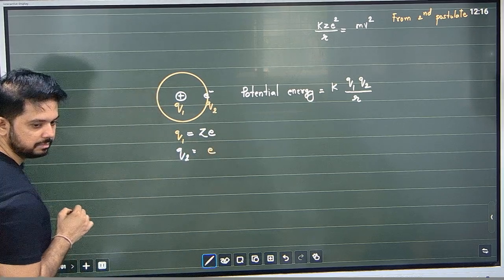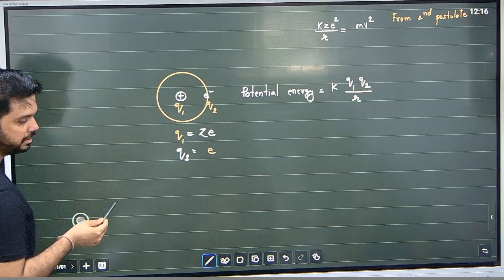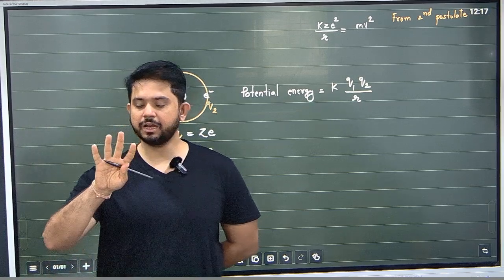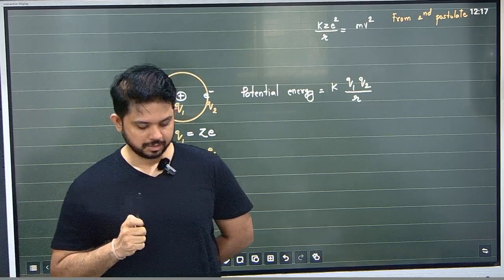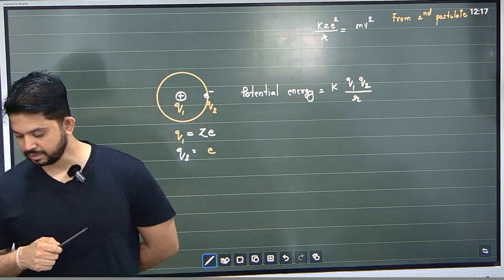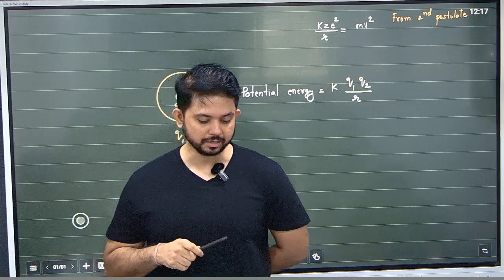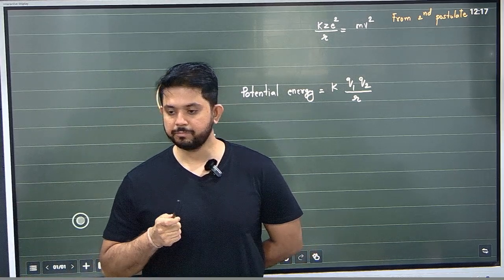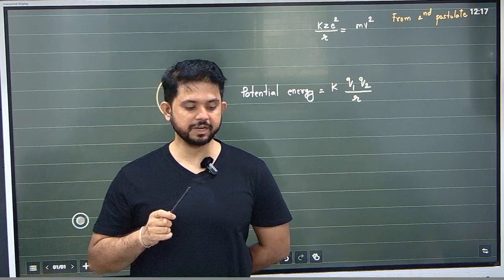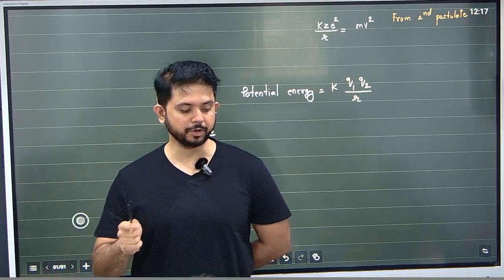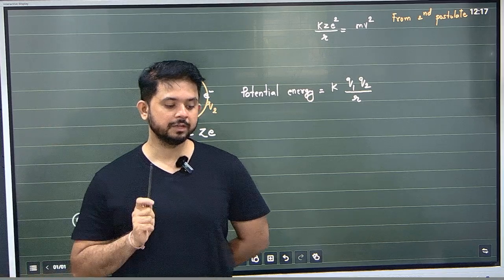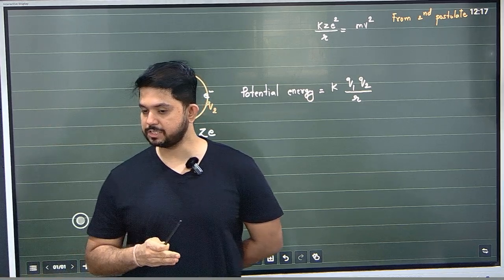E. Yes or no? But if you remember, when we did the same potential energy expression, if you go back, we had written three conditions, where Q1 and Q2 both are positive, Q1 and Q2 both are negative. In the first two expressions, the potential energy was positive.